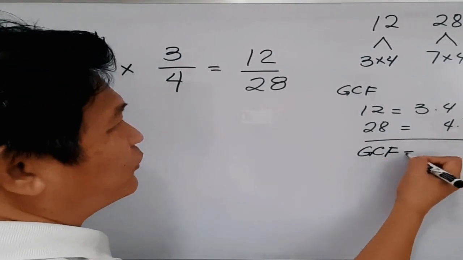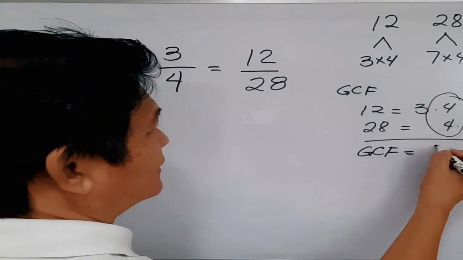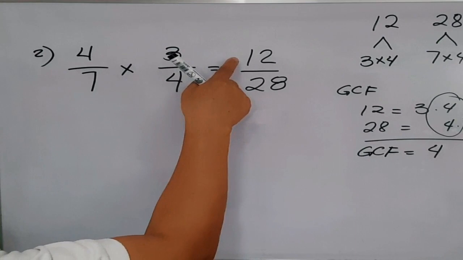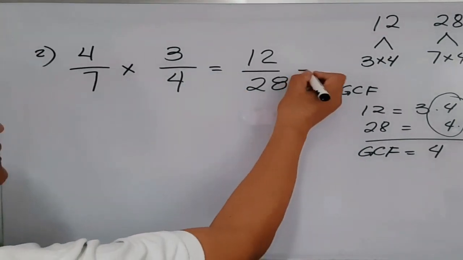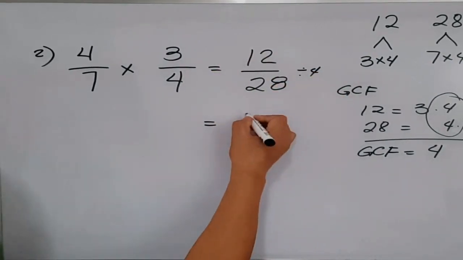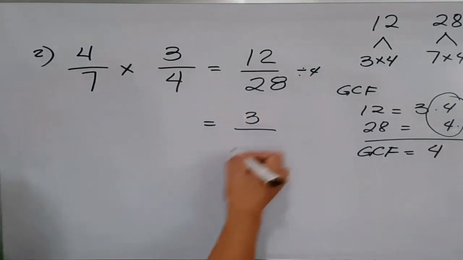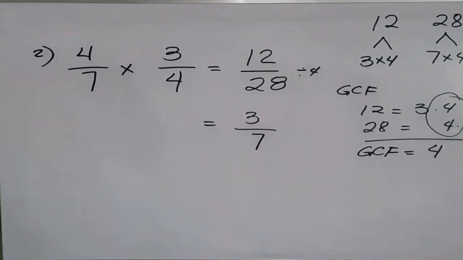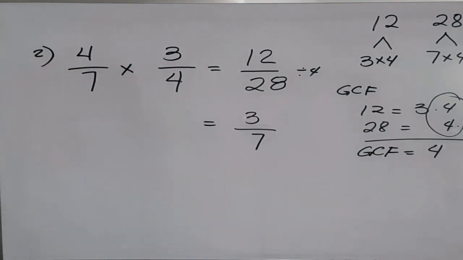GCF, we bring down the common factor, which is 4, and then we divide the numerator and denominator by the common factor, which is 4. So 12 divided by 4 is 3. 28 divided by 4 is 7. So 4/7 times 3/4 is equal to 3/7. That is your final answer.